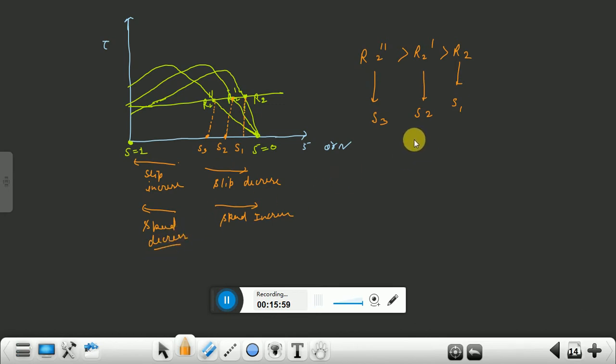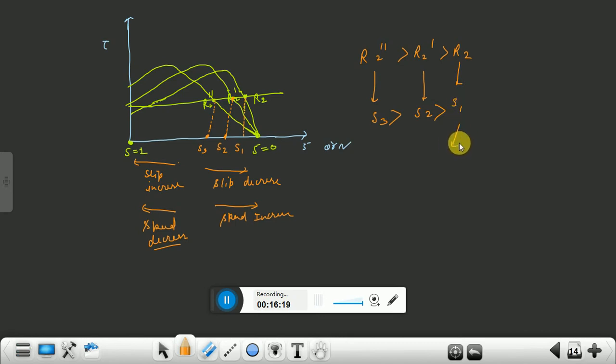So at different values of resistance, the slip S3 is higher than S2, and S2 is higher than S1.